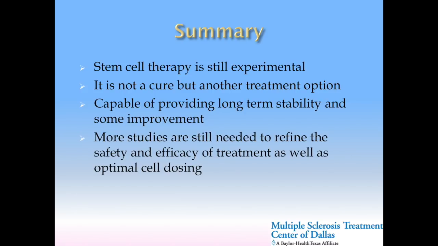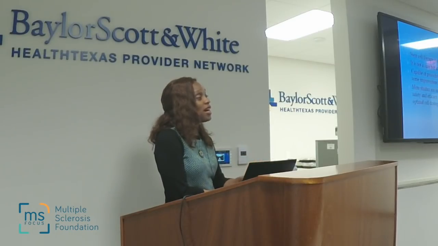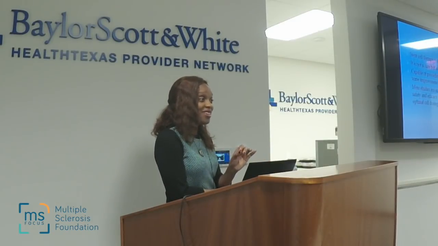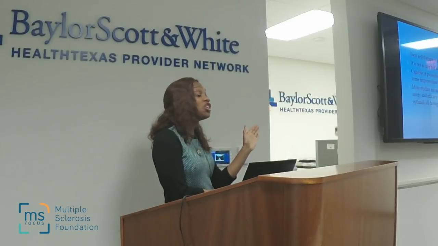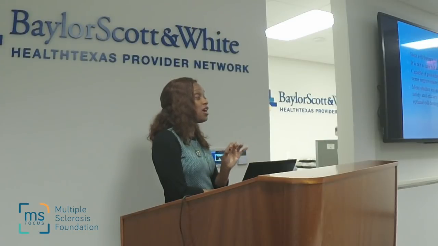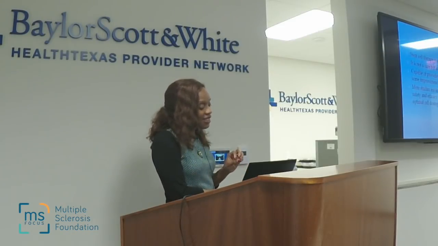It is capable of providing long-term stability for patients, and in some patients, some improvement. Okay? We're not saying it's going to improve everything, but it's capable of providing some improvement in disability in certain patients. Once again, we still need more studies to refine the safety, the efficacy, as well as the optimal dosing.